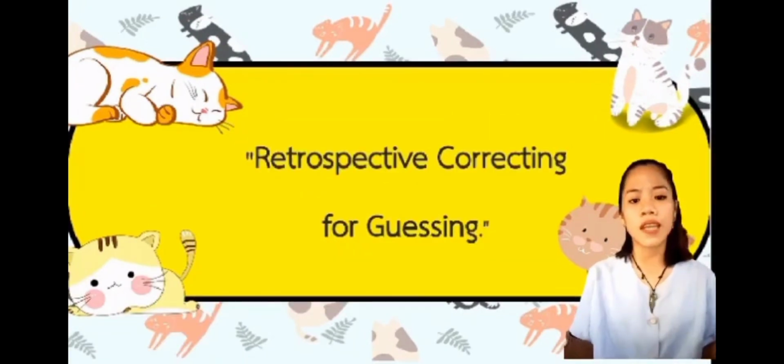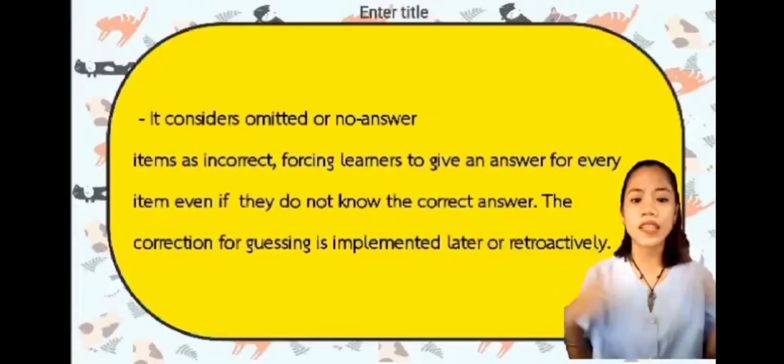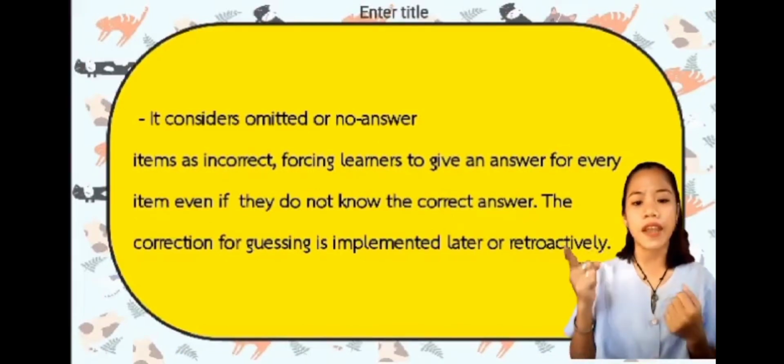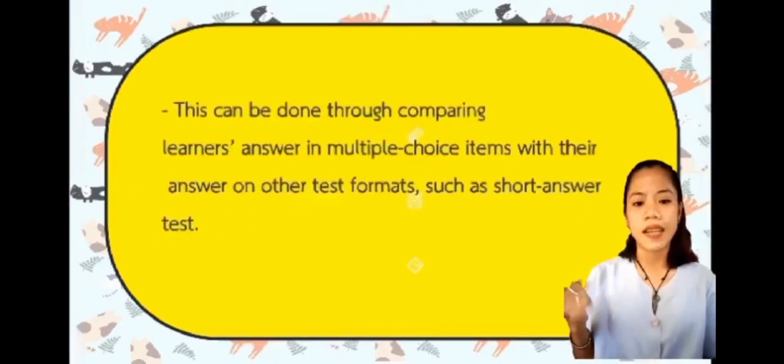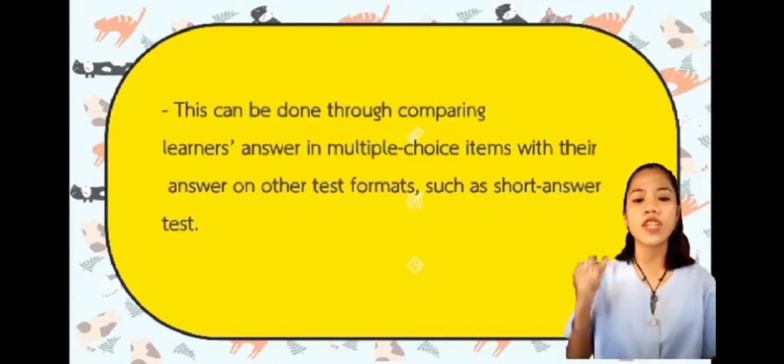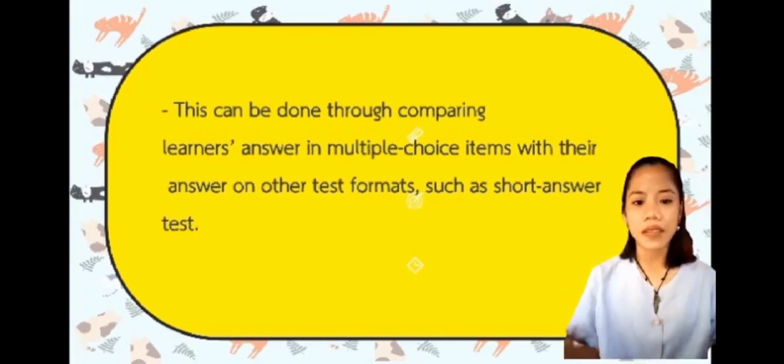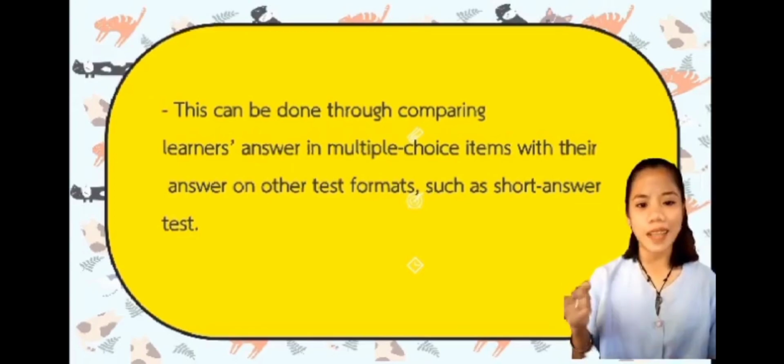Retrospective correcting for guessing. It considers omitted or no answer items as incorrect, forcing learners to give an answer for every item even if they do not know the correct answer. The correction for guessing is implemented later on, retroactively. This can be done by comparing learners' answers in multiple choice items with their answers in another test format, such as a short answer test.